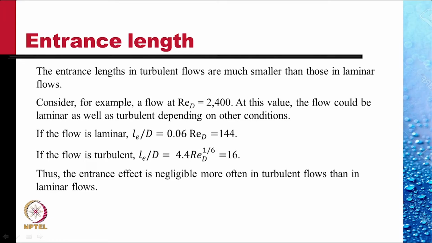If the flow is laminar, Reynolds number is 2,400, so the entrance length is 0.06 times the Reynolds number, which gives us 144 diameters. But if the flow is turbulent, this entrance length is only 16 diameter.